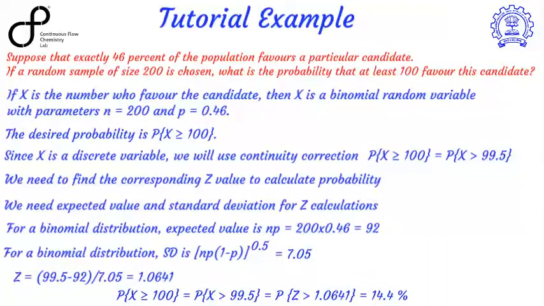This means the probability of x greater than 99.5 is same as probability of z greater than 1.0641. This value comes out to be 14.4% by using z-table. Therefore, the probability that at least 100 favor this candidate is 14.4%.